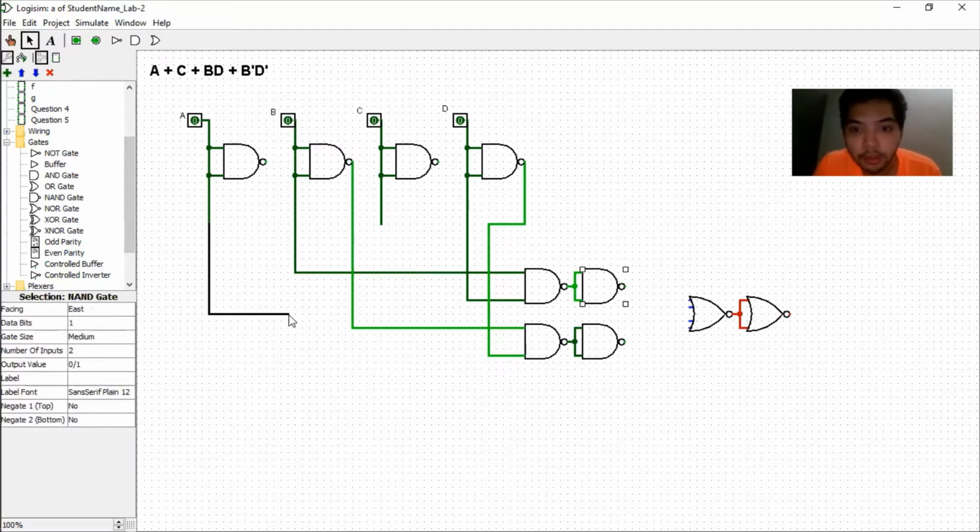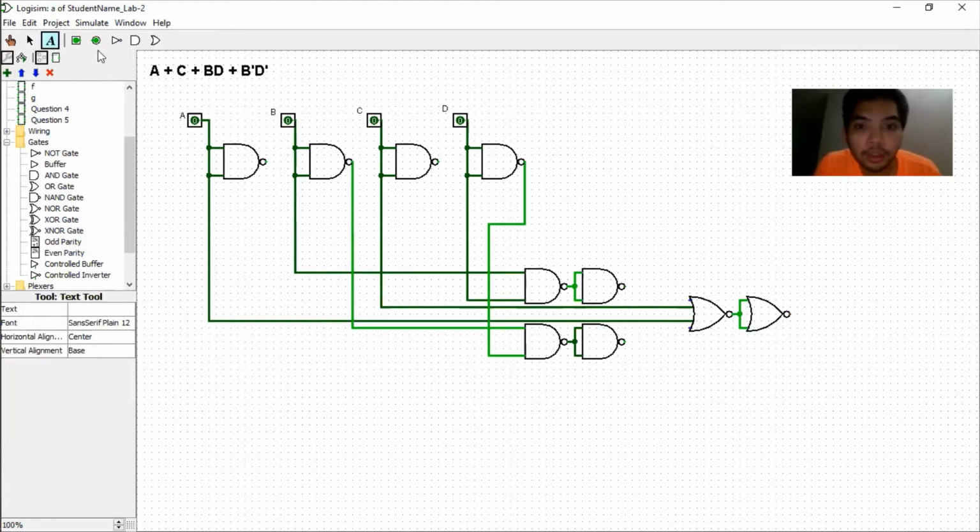So we connect A, C, and the BD term. We should name it. This is BD, and this is B complement.